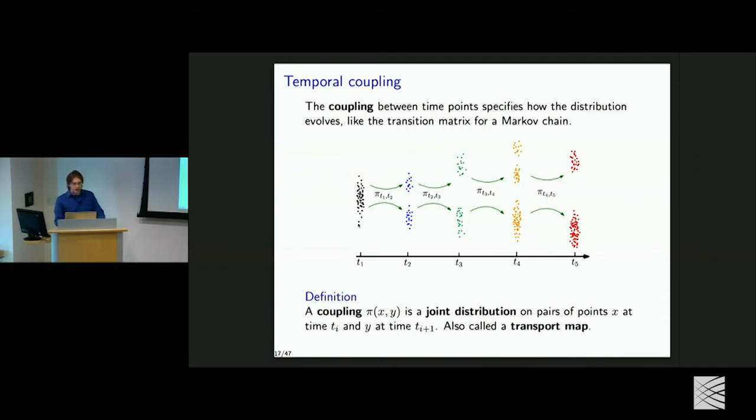But now we're thinking about coupling actually for stochastic processes or developmental processes, where we have a time series, and this temporal coupling tells you, conditional on where you are at this time step, where might you be at the next time step? Okay? So, for example, in this branching picture, if you were in this set of blue cells at the bottom at this time point, maybe you would be at this lower green subset of cells at the next time point.